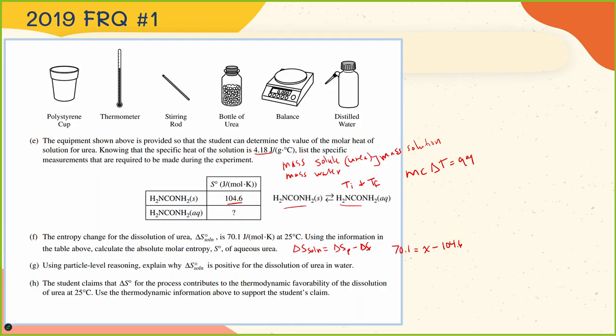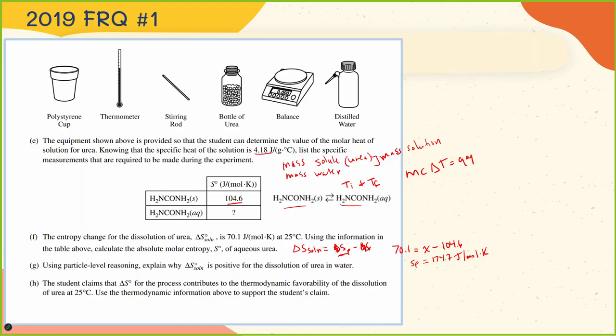So the S for the product here is 174.7, and this would be joules per mole K. I guess you don't need the deltas here. It's just S products minus S reactants.